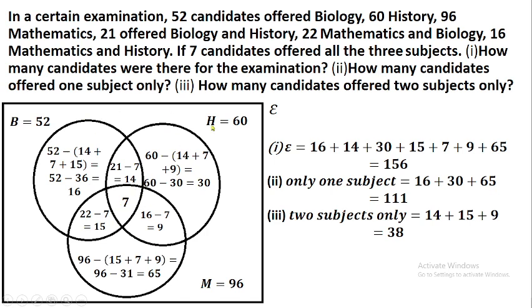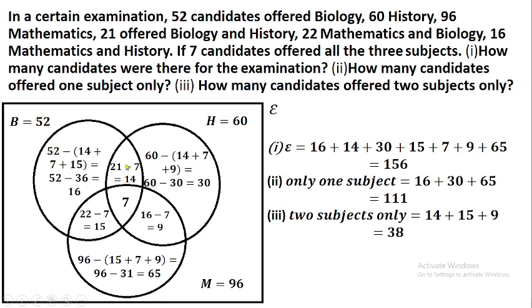I hope you understand that now. So 7 will be here. Let's now go back to getting how many students offer biology and history only, which is this place. 21 offer biology and history. So to get people that offer biology and history only, remove people that offer the 3 subjects from it.